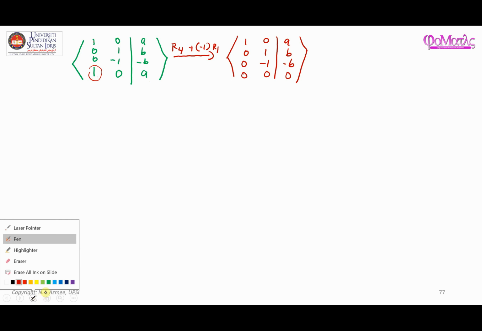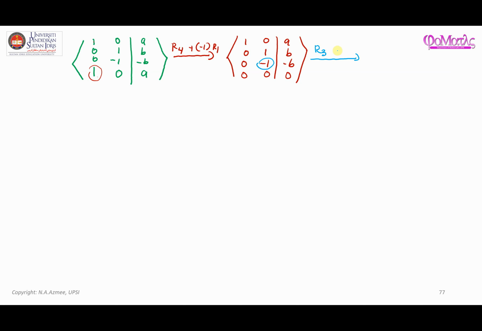The next part is to turn this into 0. So we have R3 plus 1 R2. Here we have 1, 0, A, 0, 1, B. For this one here we have 0, 0 plus 0 is 0, negative 1 plus 1 is 0, negative B plus B is 0, and here is at the bottom.